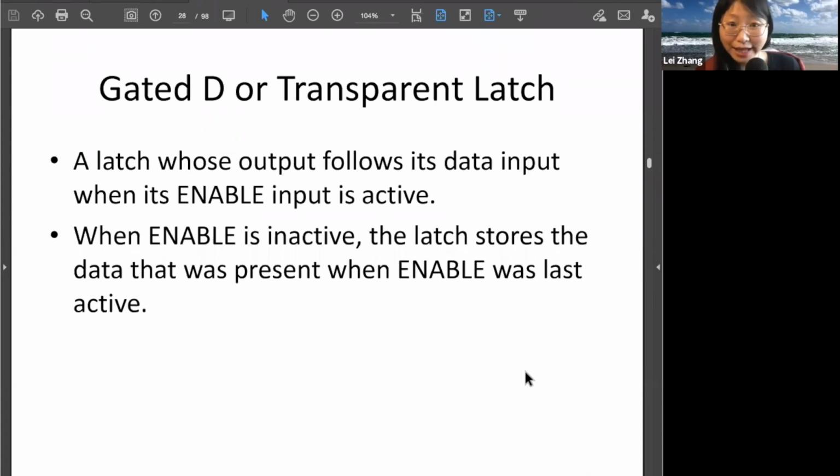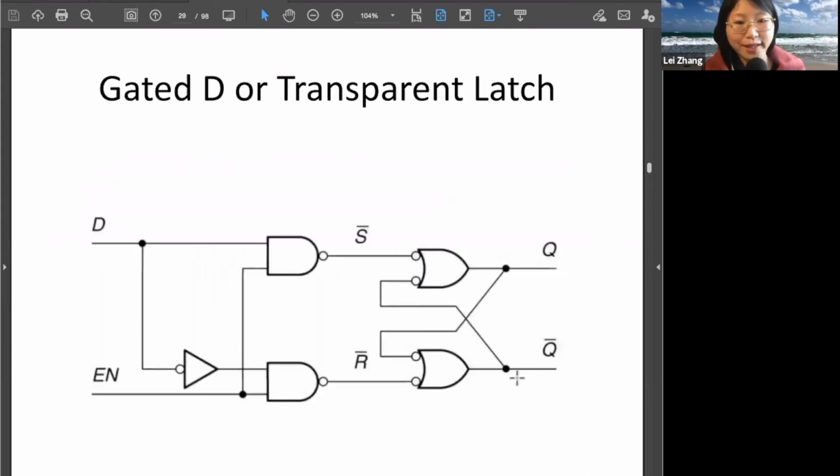When enable is inactive, the latch stores the data that was present when enable was last active. So basically it remains the previous memory value.